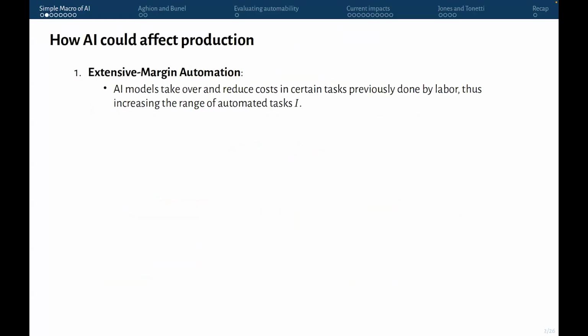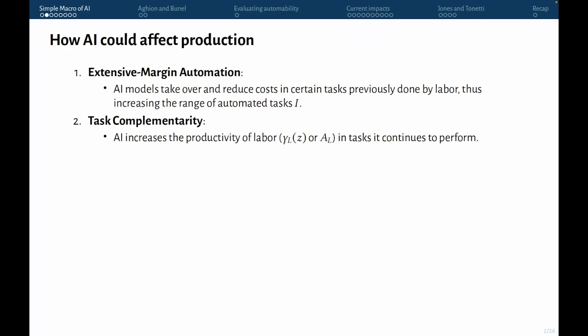So in this model, there's basically 4 ways that AI could affect production. One is extensive margin automation. So that's just the T in our dirt and water model, expanding capital, doing new tasks. The next way is task complementarity, which is AI increasing the productivity of labor in the tasks that labor continues to perform.